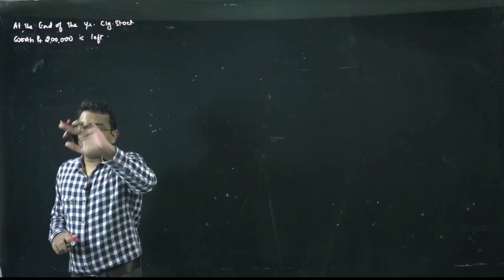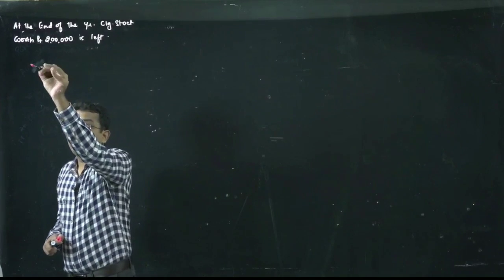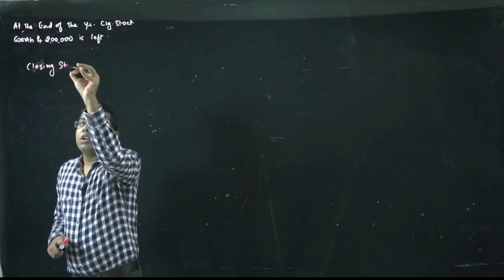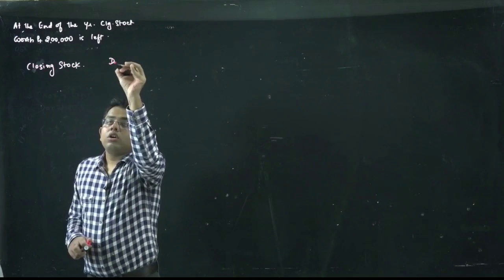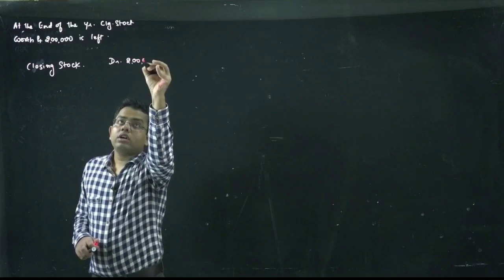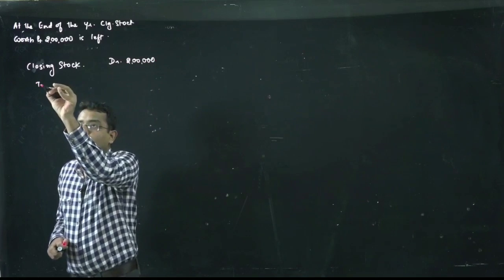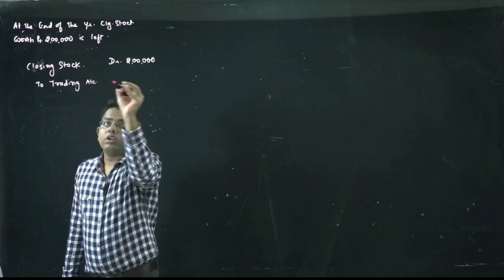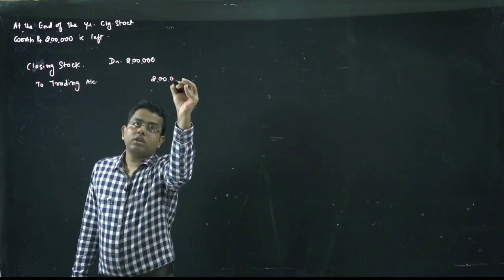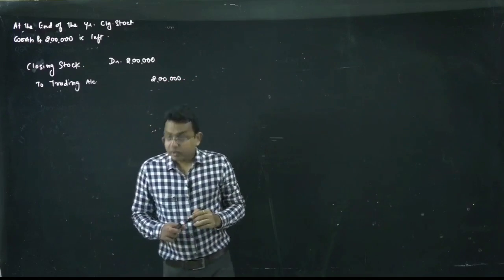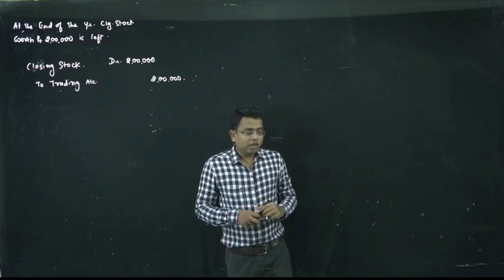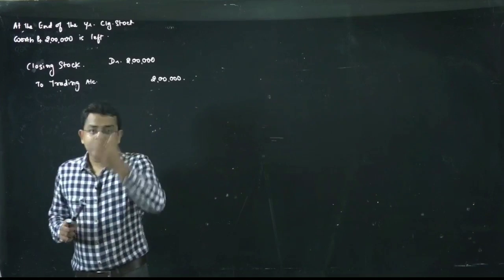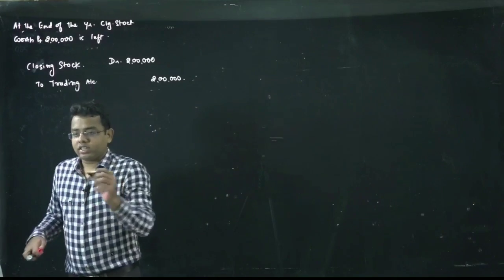Many of you might not be knowing the journal entry, but the journal entry is closing stock account debit 2 lakh to trading account rupees 2 lakh. And if I show you the impact on the final accounts, I think we'll understand why this entry is there.